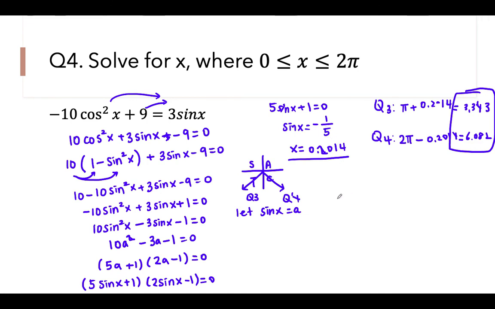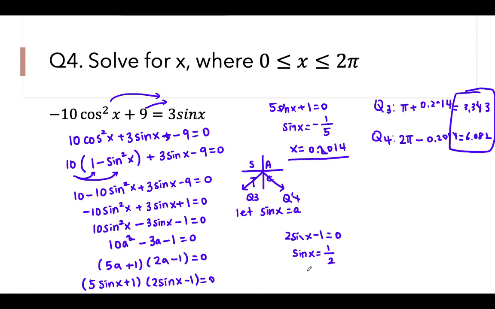Now let's take a look at the second factor. The second factor is 2 sin x minus 1 equals 0. So I'm going to move 1 to the other side and divide by 2. So sin x is equal to 1 over 2.